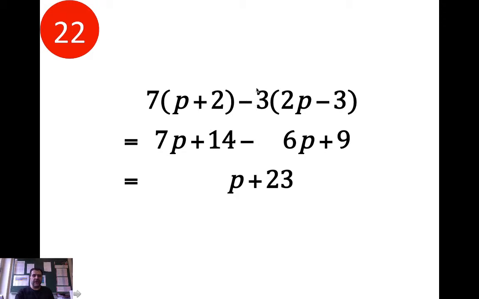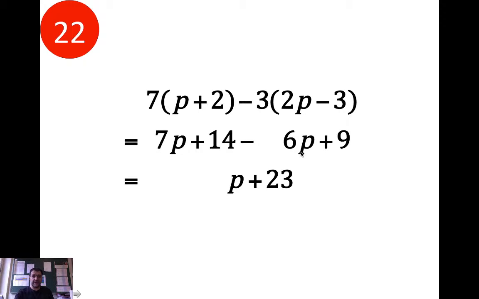Now that's not actually a 3 there, but it's a minus 3 because it's got a minus in front of it, and the minus belongs to the thing that follows it, which is a 3. So that's a minus 3. So we're going to have to do minus 3 times everything in that bracket. Now minus 3 times 2p gives me minus 6p.